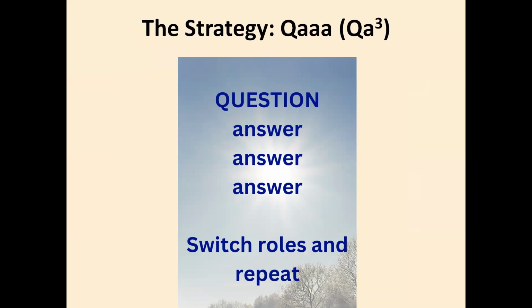This simply means that one person asks a question and stops, and the other person gets to answer in 3 lines, which hopefully will be concise and match the question. And then we switch roles, and the second person, the one who was answering, gets a chance to ask a question of the one who was asking before.